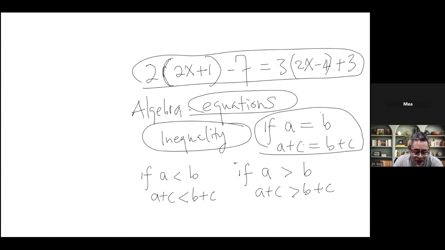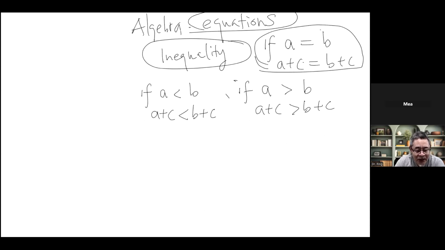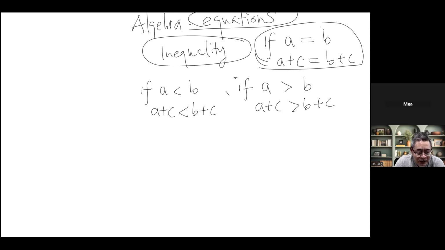So this is dealing with equations, and this is our first rule for inequality. And our second rule for inequality is going to be a little bit tricky. It has to do with this. For example, say 4 is bigger than 1, but if I multiply -1 on both sides, what happens?